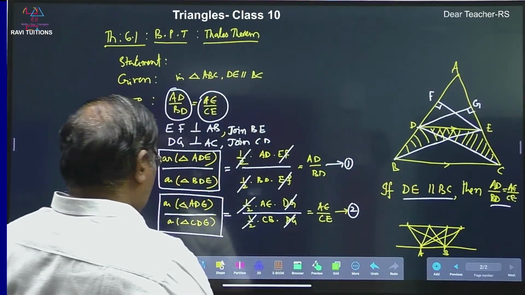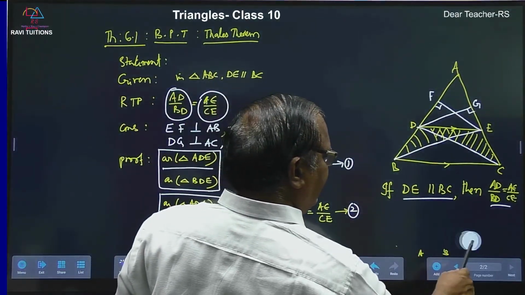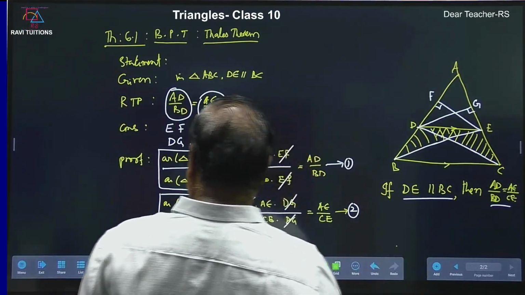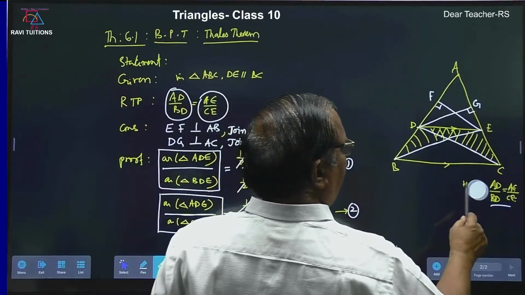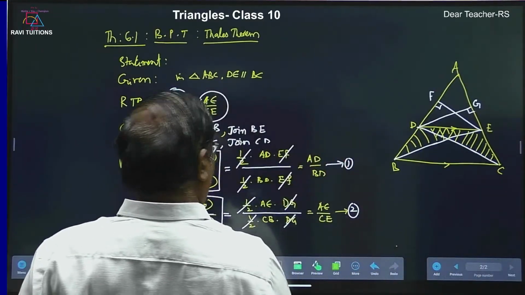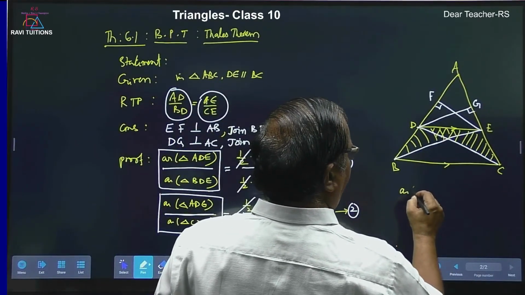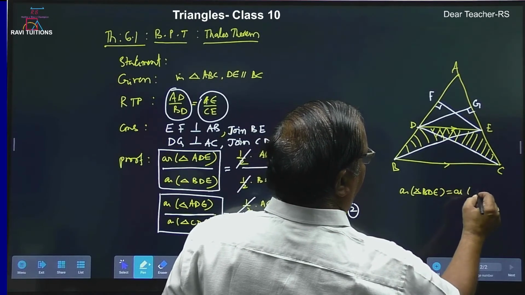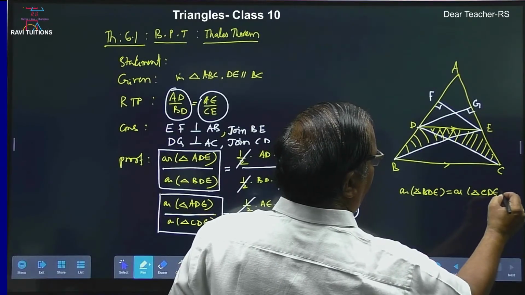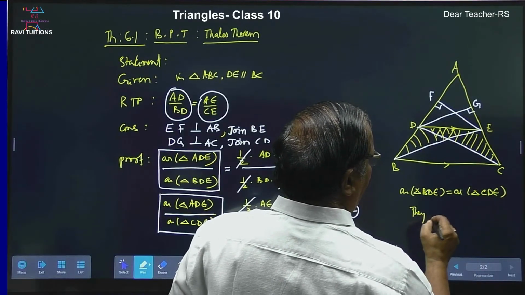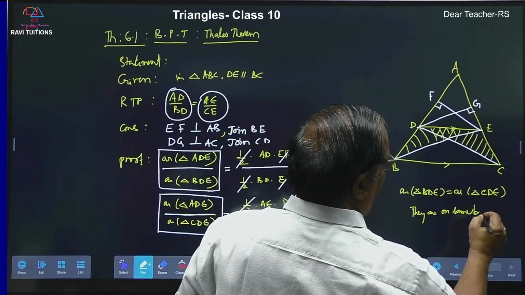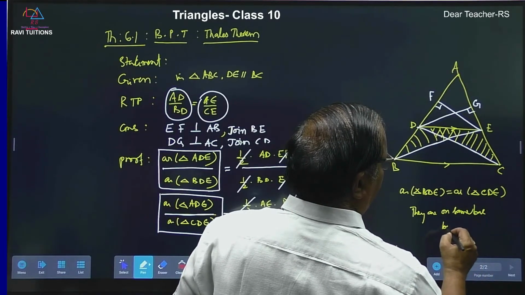So that theorem you have to take, and from that you can write area of triangle BDE is equal to area of triangle CDE, because they are on the same base between the same parallels.